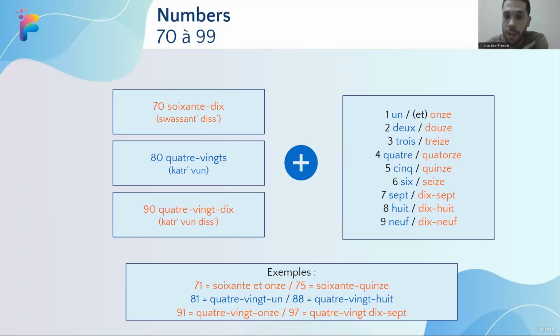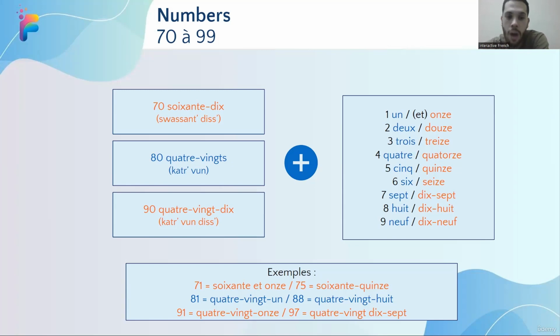Okay? 80, and then you add up the number. One more time. 81, 82, 83, 84, 85, 86, 87, 88, 89.